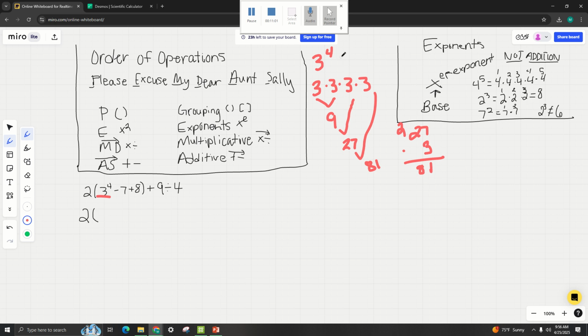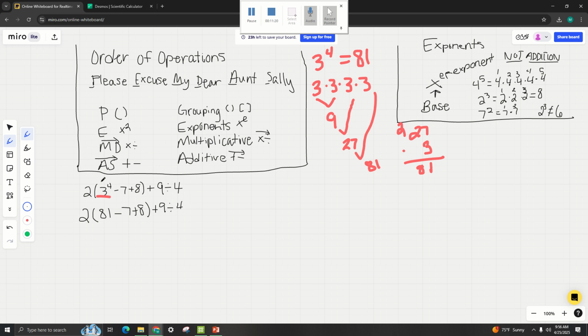So 3 to the 4th power is equal to 81. So I'm going to put 81 in here. Then I'm going to rewrite the rest of my expression. Now I have 81 minus 7 plus 8, close my parentheses, plus 9 divided by 4.